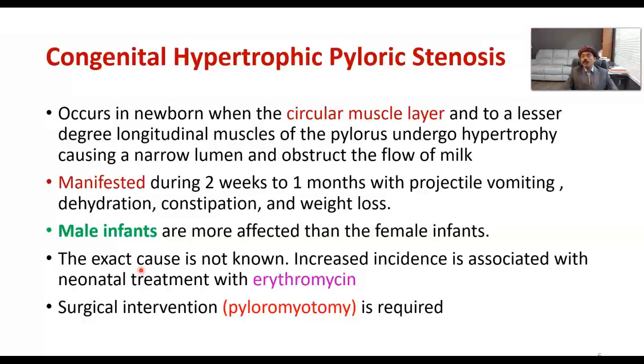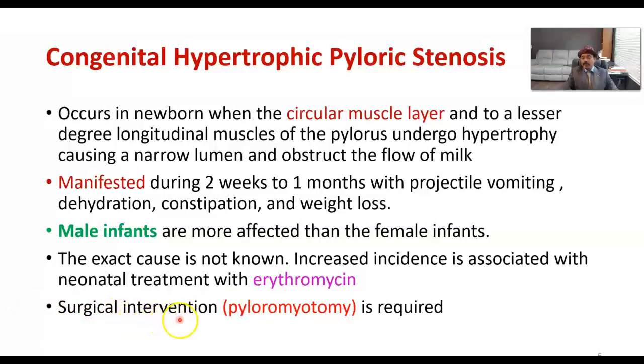It may be more common among Caucasians than Africans. So antibiotics also may increase the incidence of congenital hypertrophic pyloric stenosis.